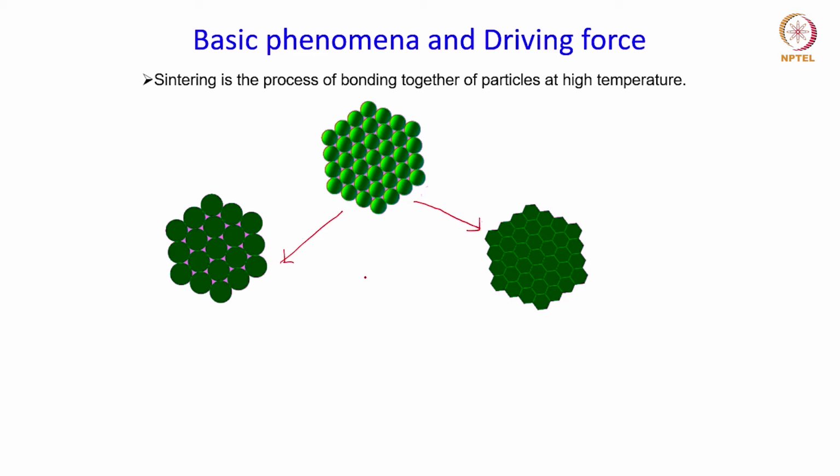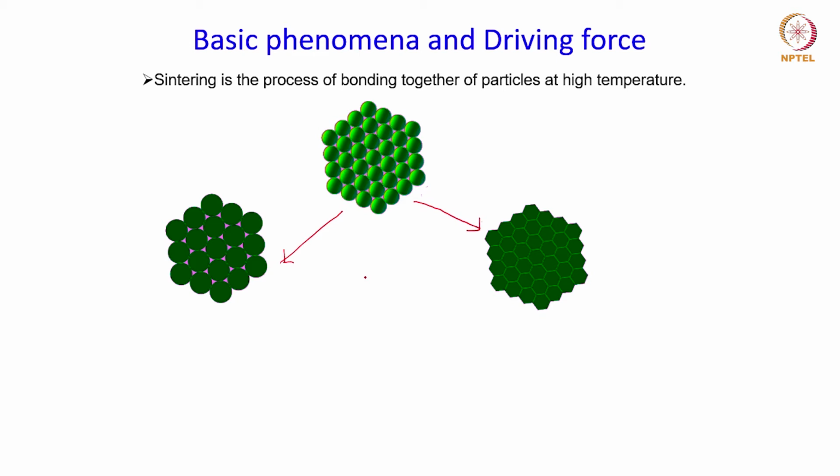Okay. So since the interfacial area is decreased, the total interfacial energy will also decrease, and that would lead to a decrease in the total energy of the system. Okay. So that is why there is a driving force for the grain growth or coarsening during the sintering process.